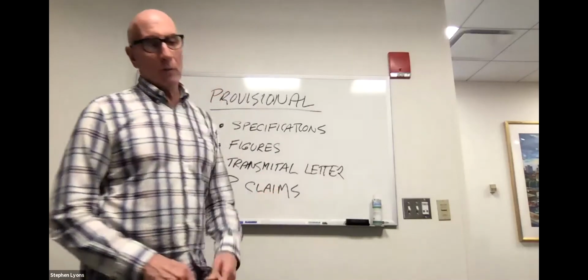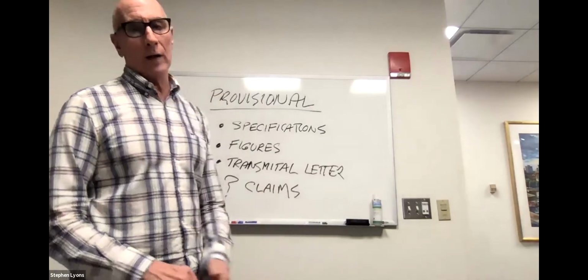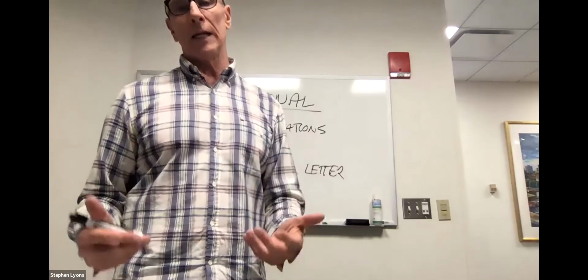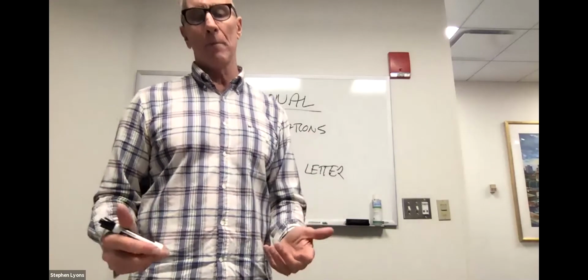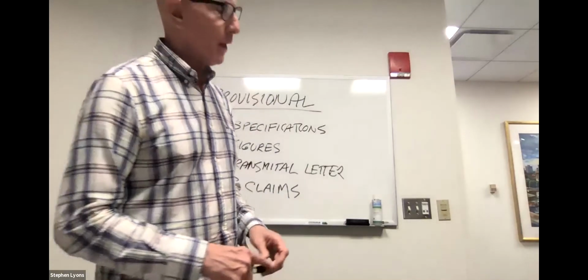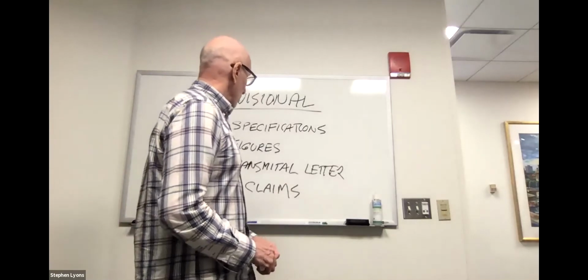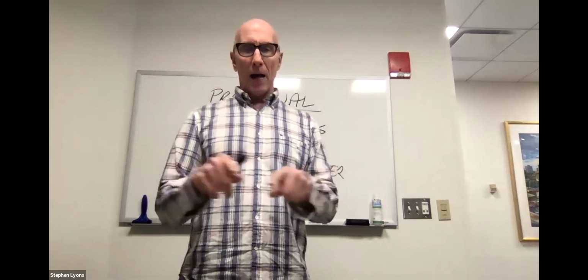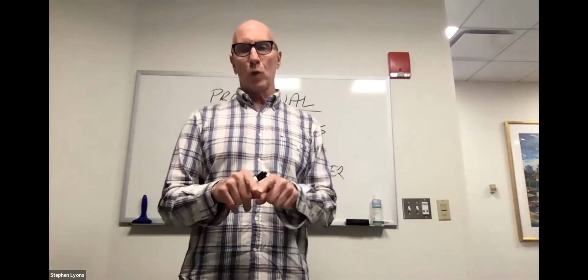While a provisional patent application doesn't require a claim section, my advice to inventors is always to include at least one claim describing what you claim your invention will do. We'll talk about it a little bit more, but claims are really important because they define the outline of your intellectual property.